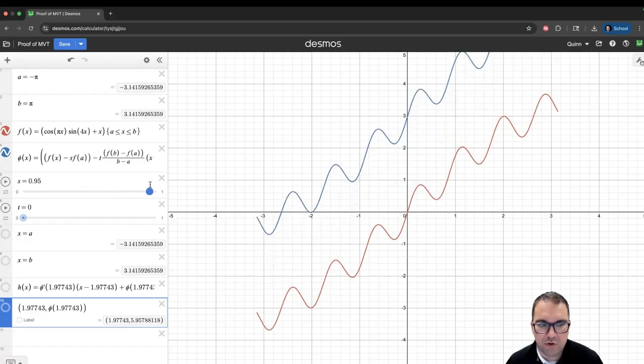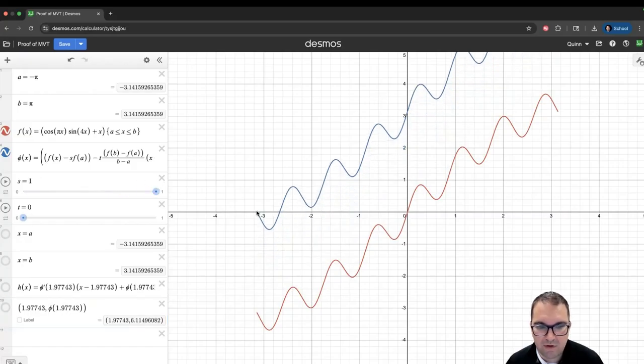So what I'm really doing is I am shifting my function now so that f of a is equal to 0. Okay. Now in doing that, I've also changed it so that phi of a is equal to 0. So I've taken my function f and I've just shifted it up to create this function phi, which has phi of a equal to 0. But you can see right now this is just a shifted version of f, right? I've just shifted f so that this transformed function will be 0 at a.